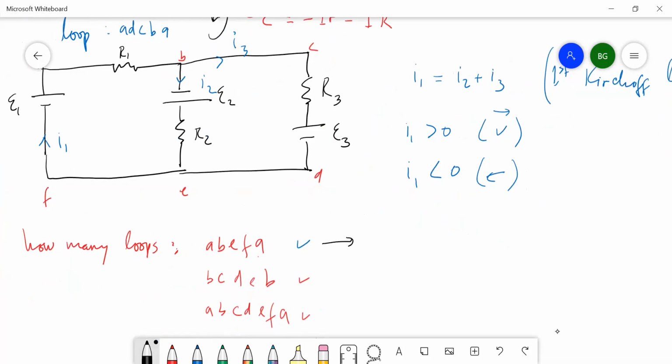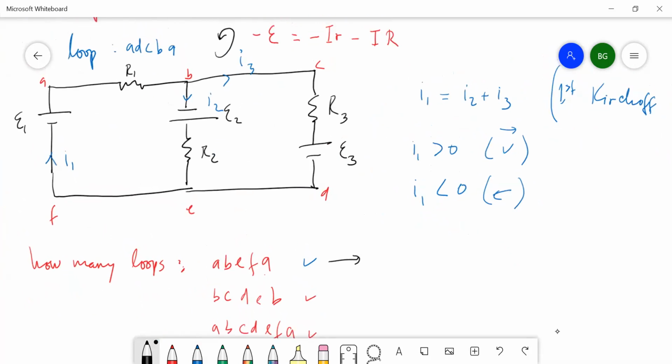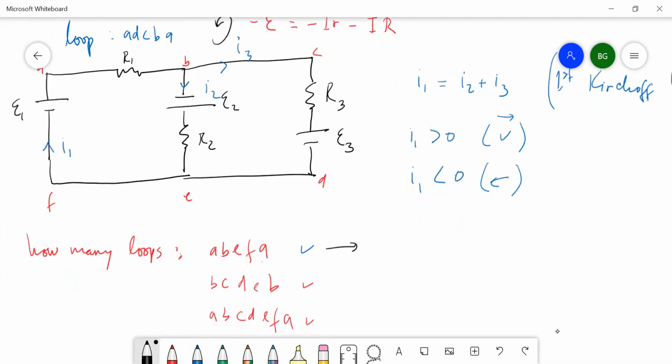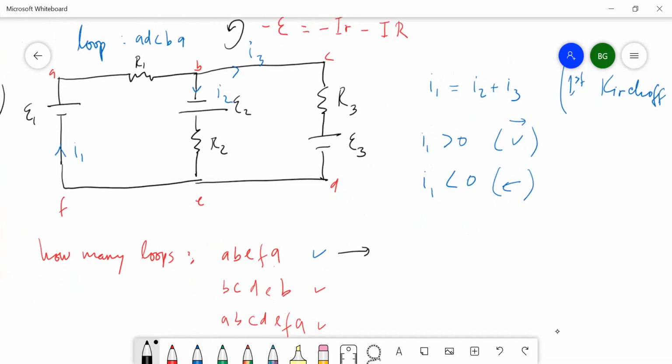So if we analyze, for example, the first loops, what do we get? A, B, C, D. How many voltage sources or EMF? The battery, only one, okay? For A, B, C, A, B, E, F, A, so we get from here to here. Okay, so it will be positive. And then this A, B, E, F, A, we have two batteries, okay?